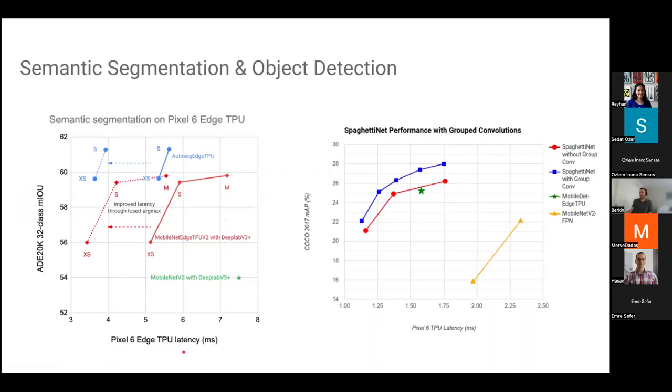I'm not going to go again through all the details, but overall, following this strategy, we are observing the AutoML generated networks are much more efficient in terms of latency and accuracy trade-off compared to existing networks. This is using DeepLab v3, which is one of the popular segmentation networks. By following the AutoML search, we can achieve much better quality. Same for the detection. Again, using the same search space, we can improve the quality here.